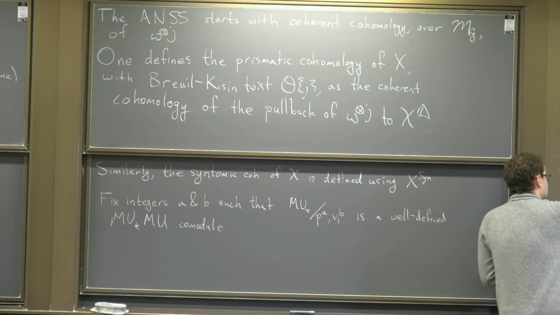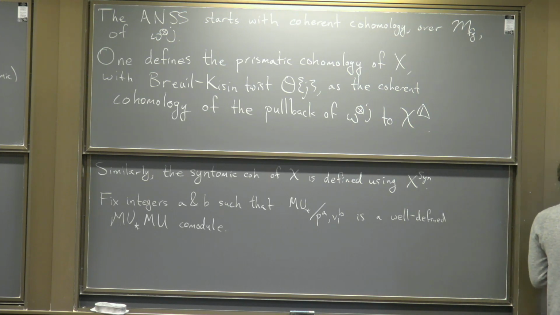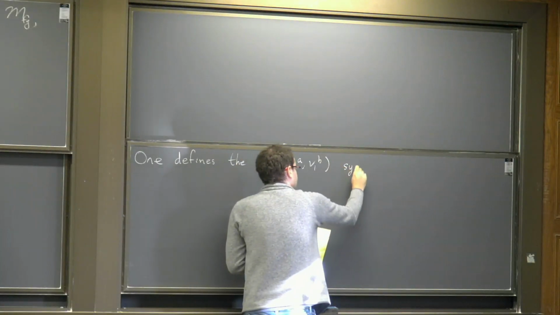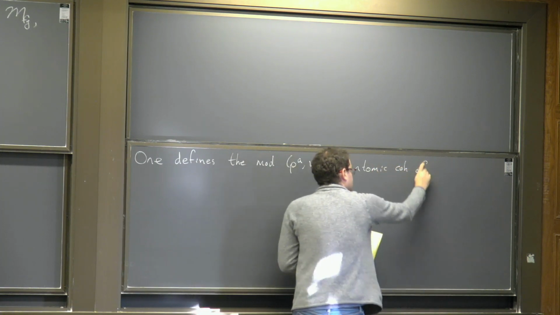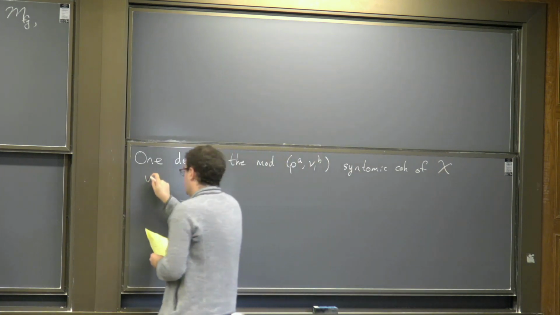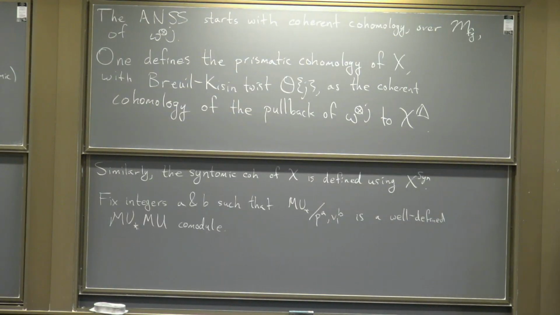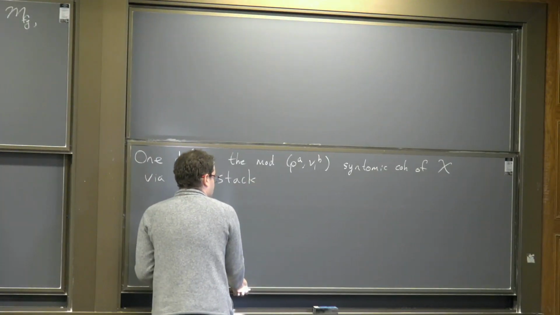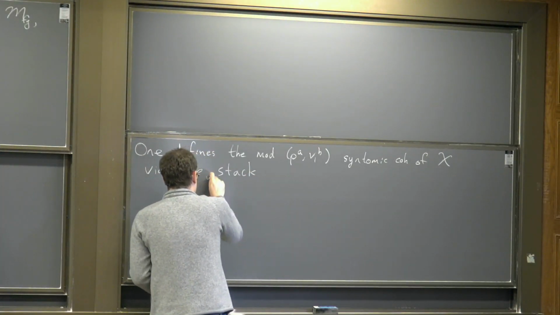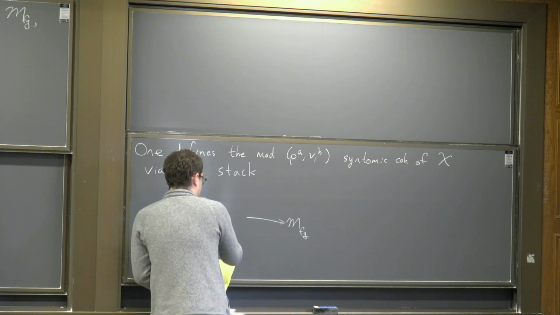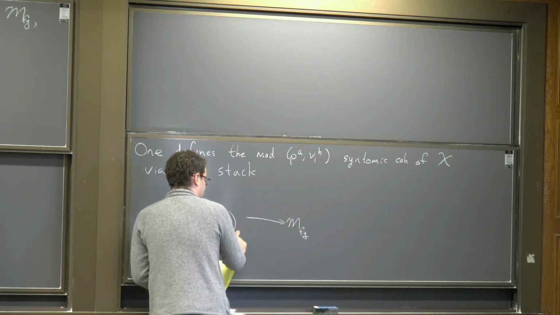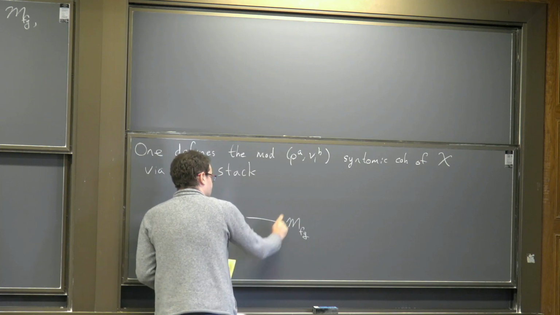And then having fixed such a thing, I can define the mod p to the a, v1 to the b syntomic cohomology of X via this stack where I take MFG, I look inside of it at the closed object where I set p to the a and v1 to the b to 0.